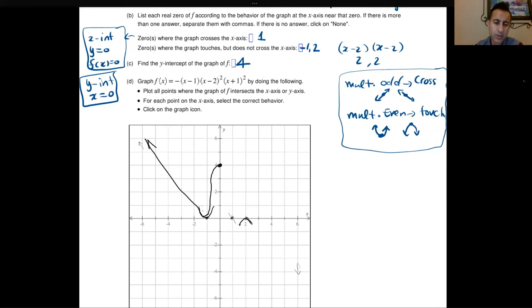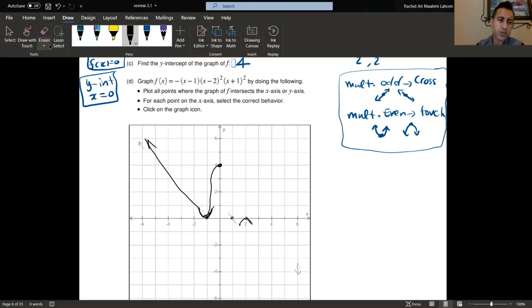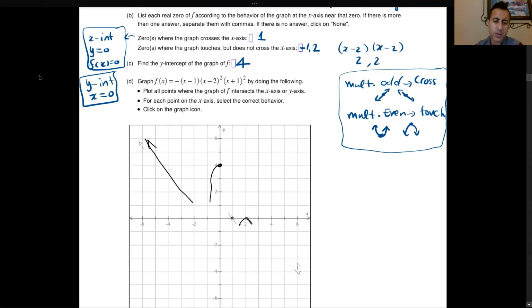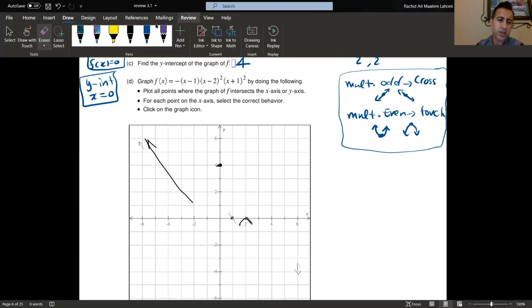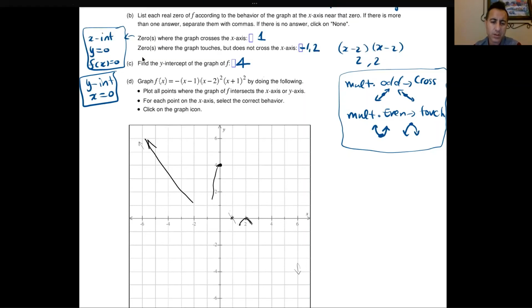So maybe we'll try to do a better job here. At this point, when you set these values and tell it to graph, it graphs.